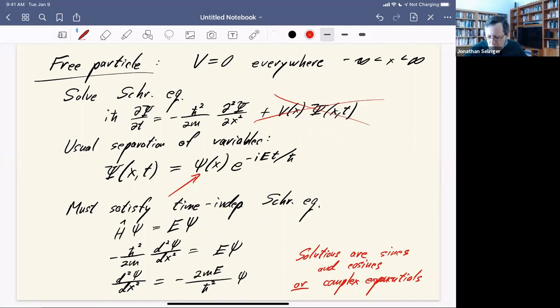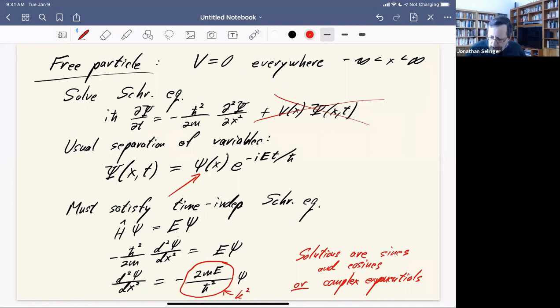Now, let's choose the complex exponentials, for reasons that I'll show you in a little while. To pick the complex exponentials, we can take this quantity and call it k squared.